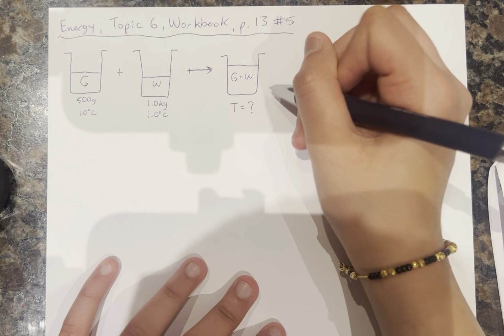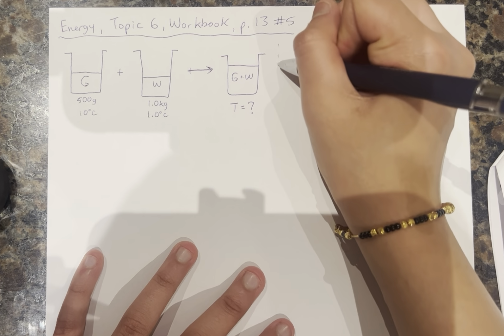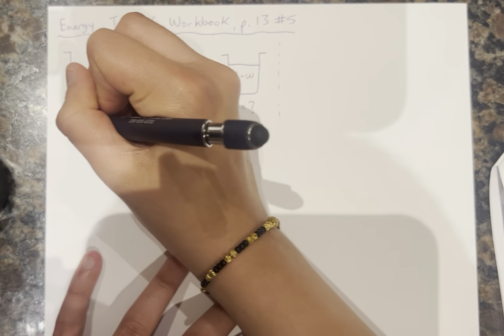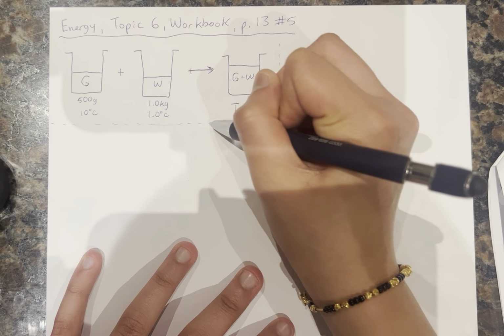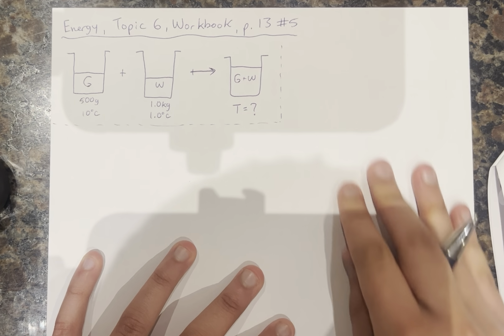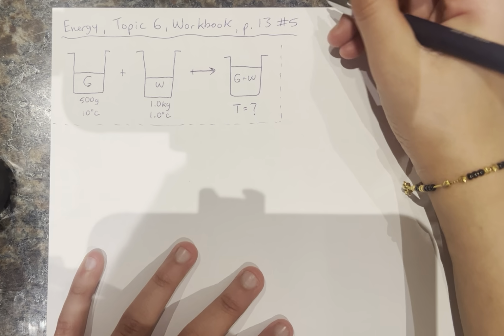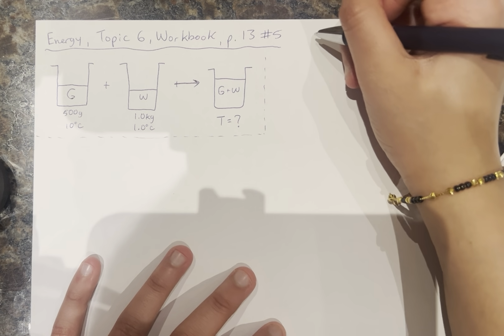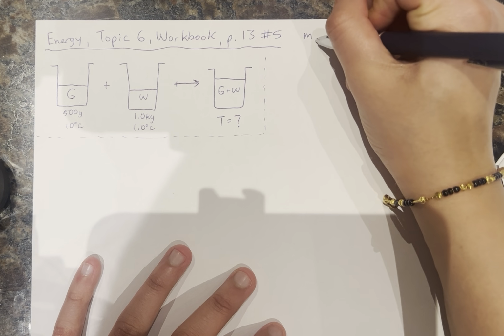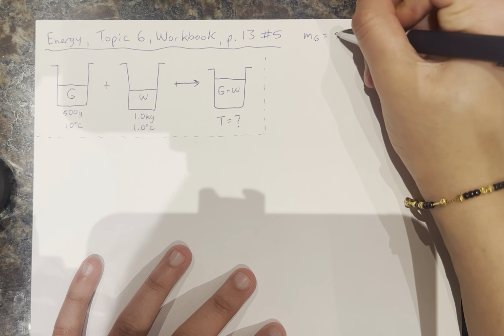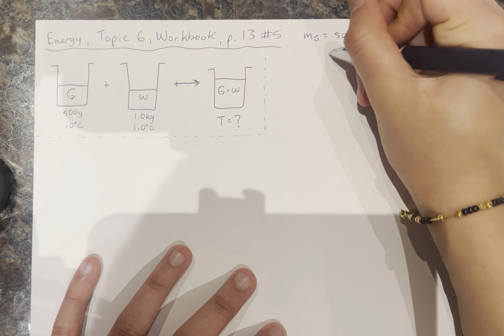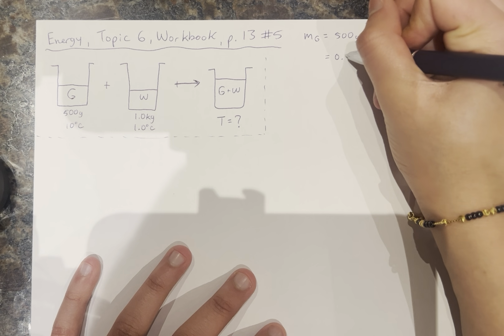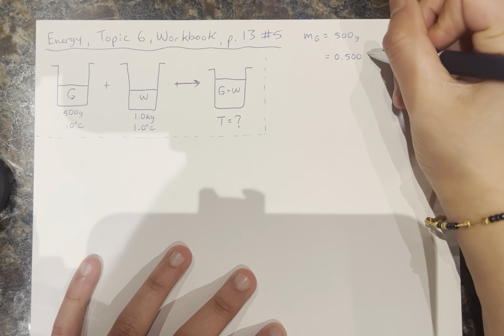So now that we've done the diagram, I'm going to make a more formal list of our givens over here. We can start by listing the mass of the glycerin, which the question says is 500 grams, or you can also say that it's 0.500 kilograms.